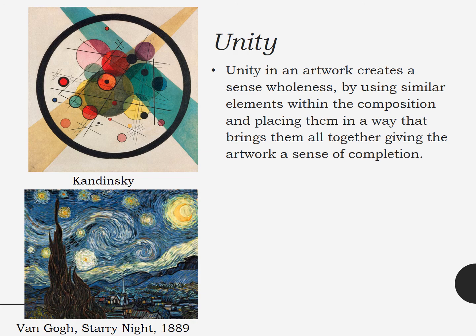How do you think Van Gogh at the bottom here, with his most famous work of art, Starry Night, probably one of the most famous works of art in the world, how did he create that sense of unity in Starry Night? What did he do? So hopefully you're saying to yourself, he created that sense of unity with the brush strokes, or with that texture.